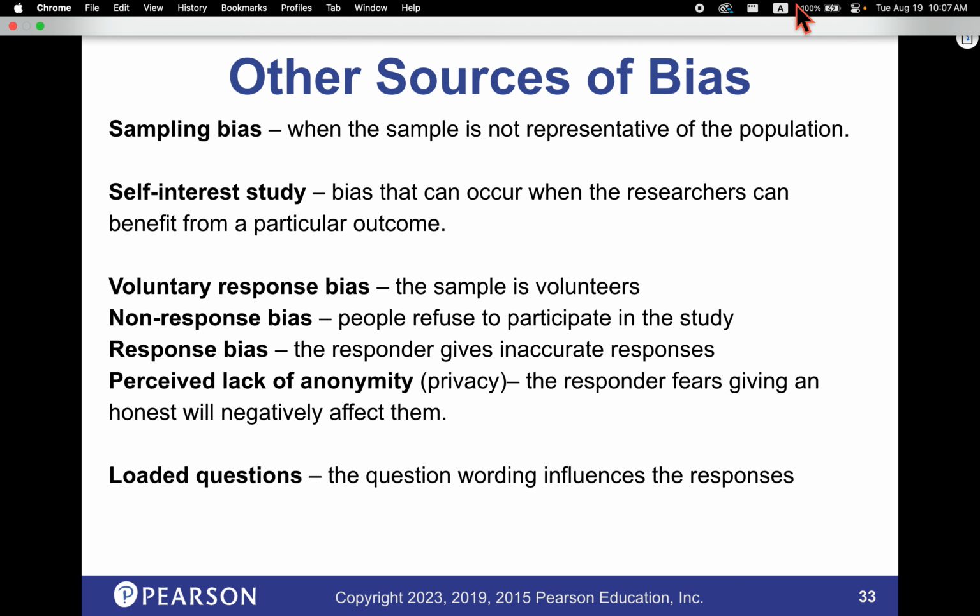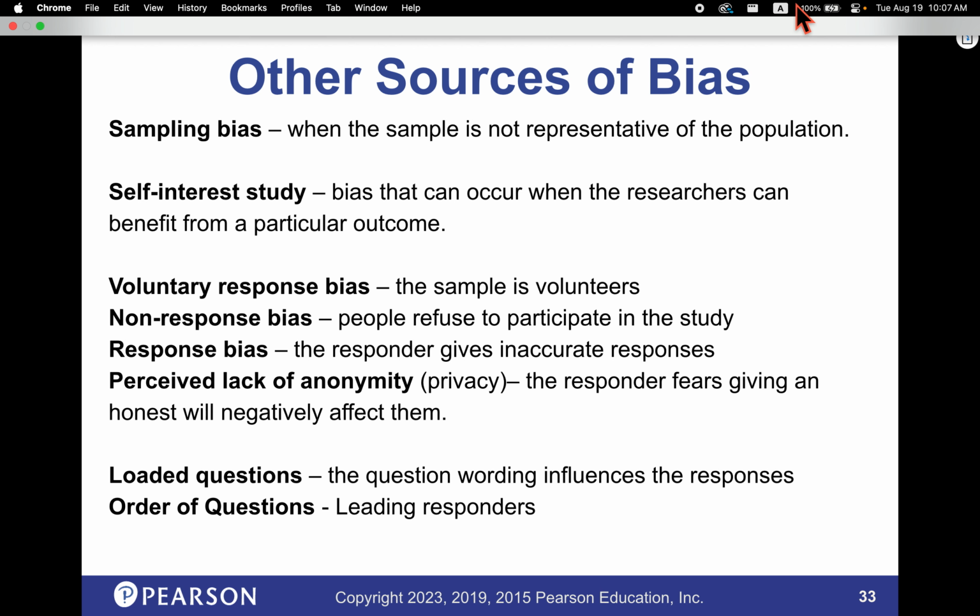So there we go. Also, there are loaded questions, and these are the types of things you'll get into when you take a survey class. Loaded questions are ones that guide the respondents to answer in a particular way, because you might try to make it so that if you answer yes, then you're like a jerk, and answering no is the right answer. So the way you ask the questions can make a difference. And then even the order of the questions. Sometimes you could ask them in a particular order and you'll get a particular response.